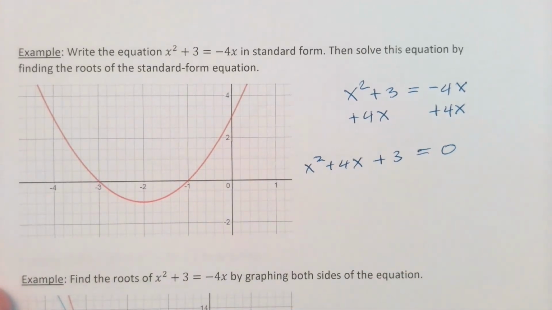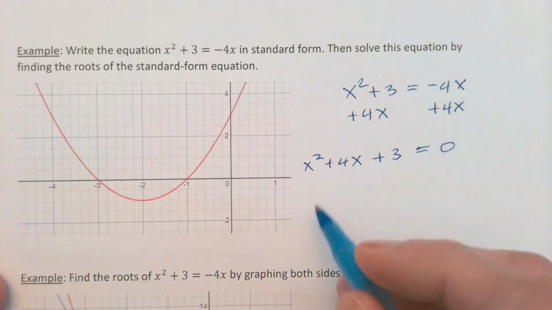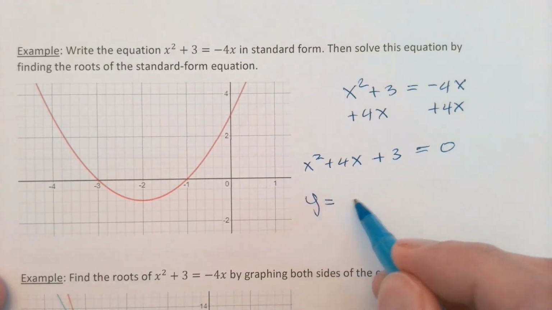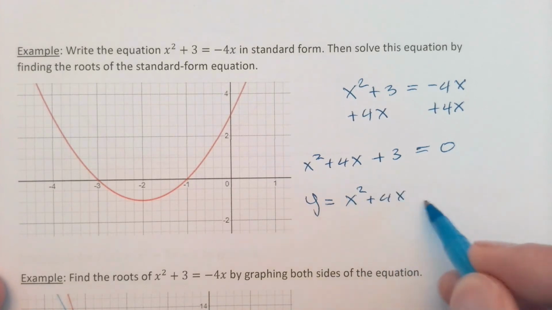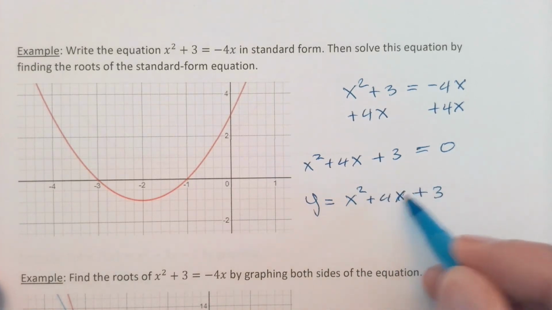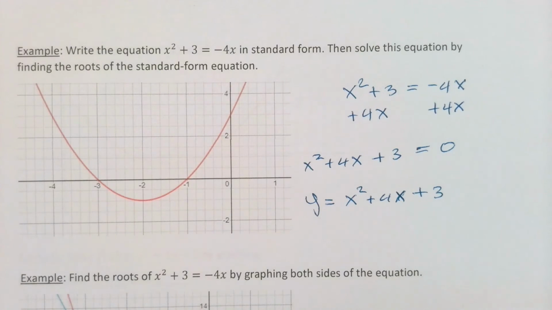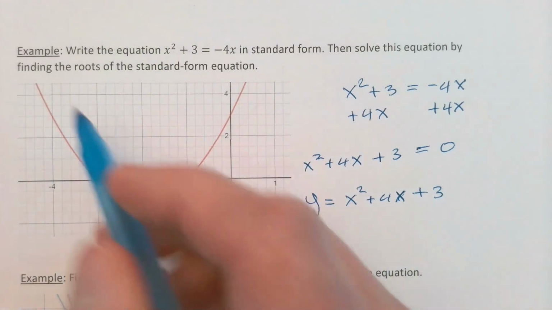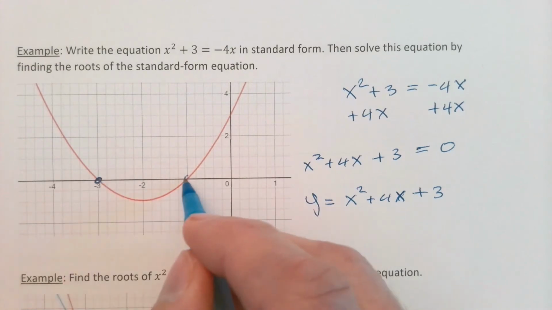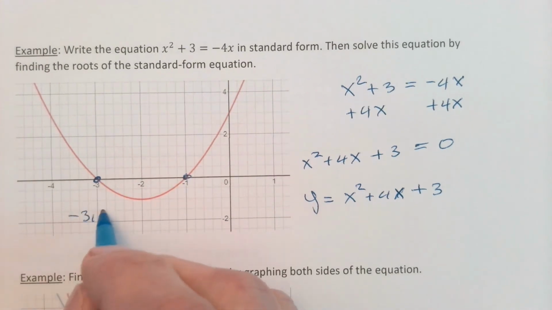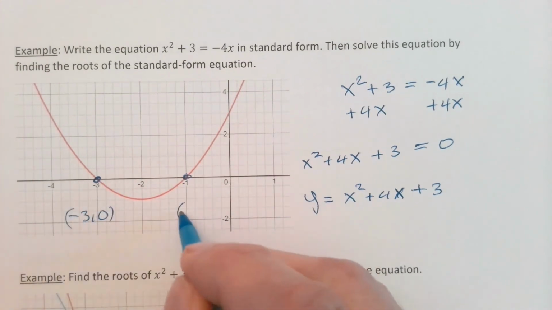And then to solve that by graphing, we would take the associated parabola that's produced when we type this into our graphing calculator or Desmos, and that would generate this parabola, and its x-intercepts are here and here. So we have (-3, 0), and we have (-1, 0).